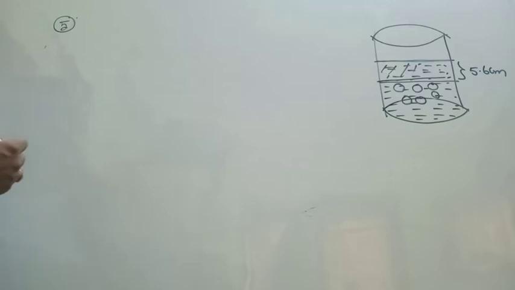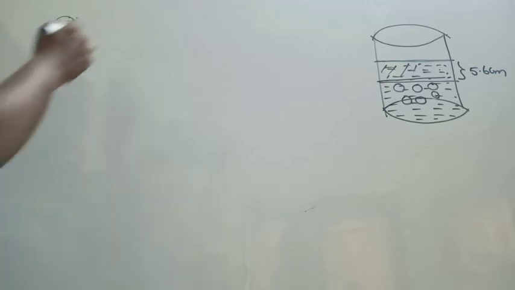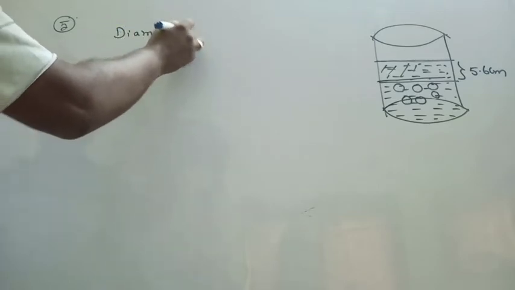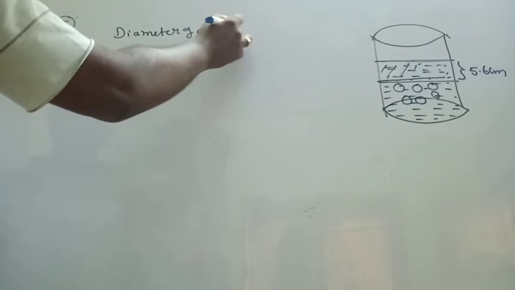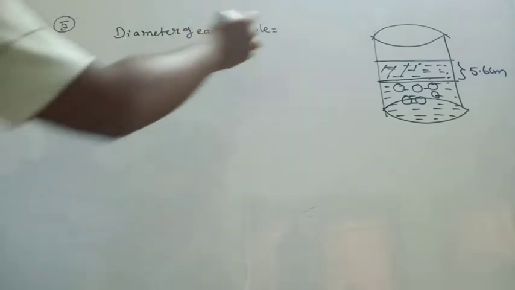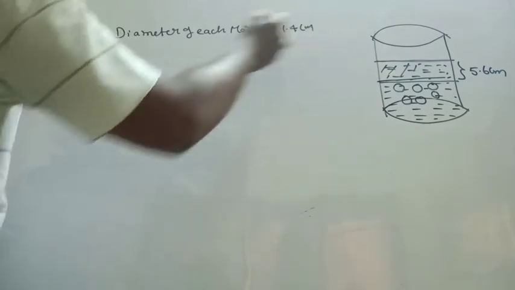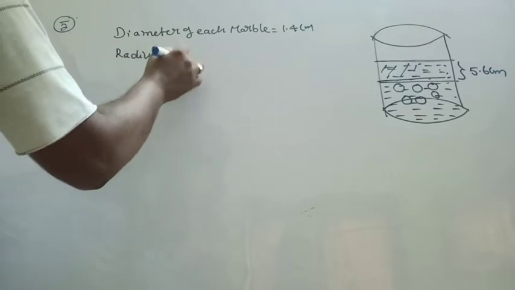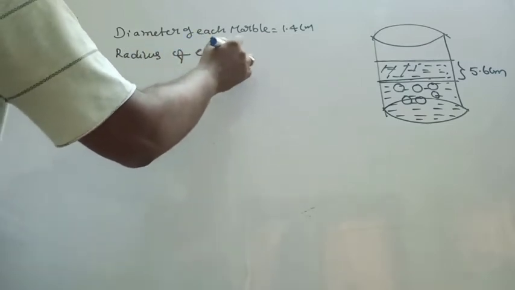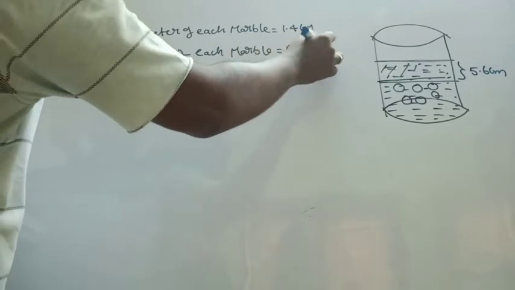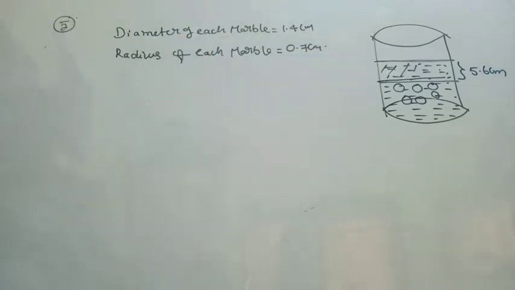Now you see, my dear students, first of all let us find the volume of each marble. The diameter of each marble is given as 1.4 centimeter. Now the radius of each marble is 1.4 by 2, that is 0.7 centimeter.